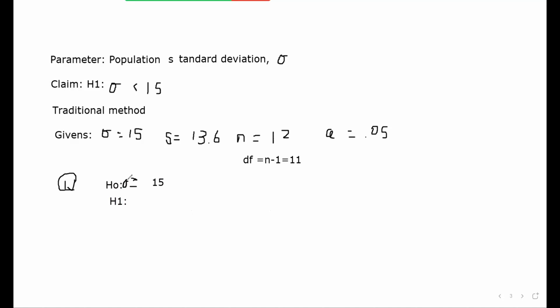Don't forget that like I did. Sigma is less than 15, and we know that's my claim. That's what we're looking to prove. So this is my claim, and it's a left tail test.